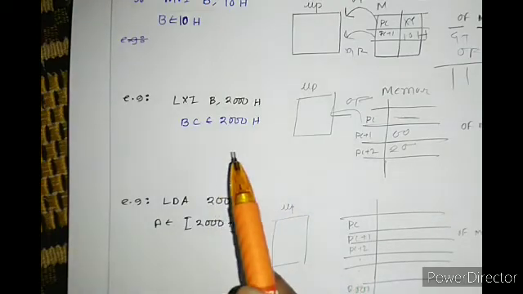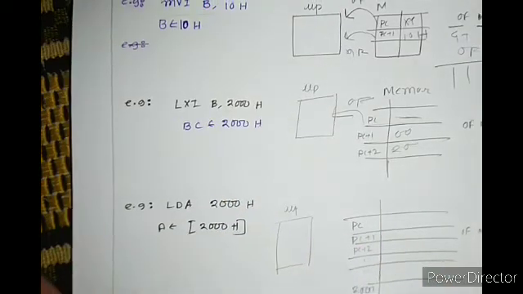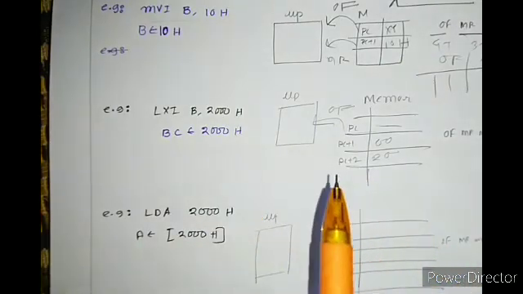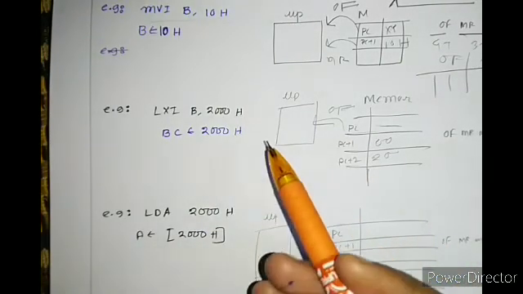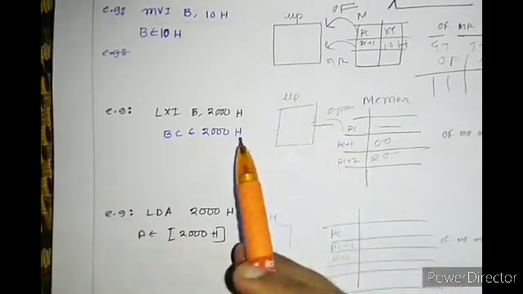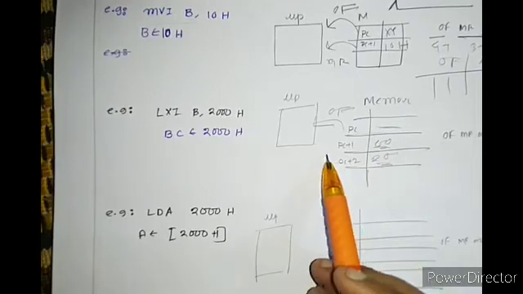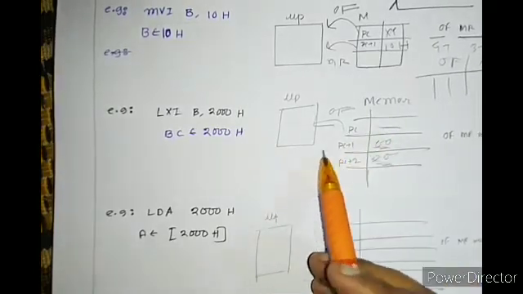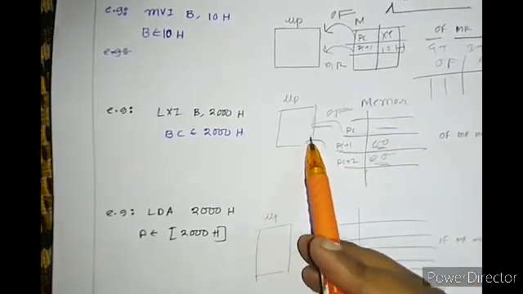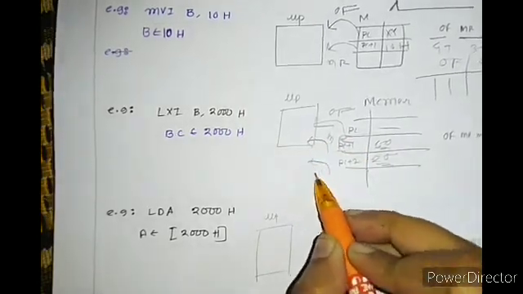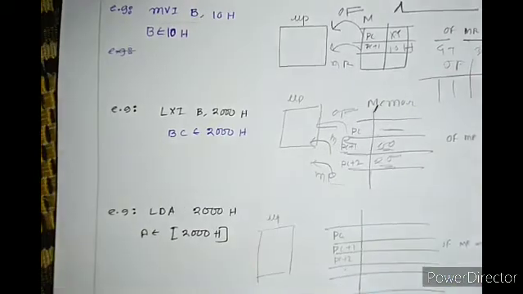As 2000 is a 2-byte number, we have to perform the operation twice. First opcode fetch will happen. After decoding, it says to fetch these two data bytes also. Reading something from memory is known as memory read. Again we need a memory read.